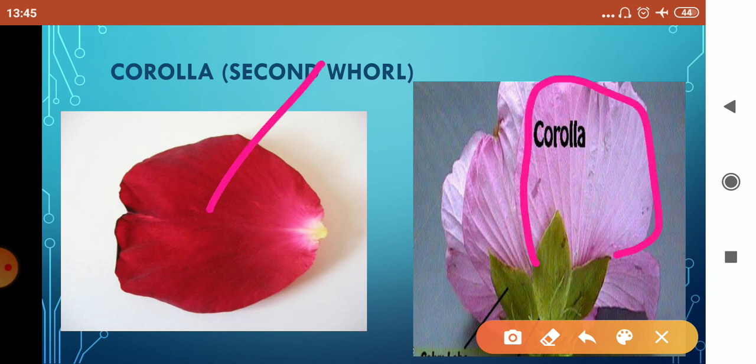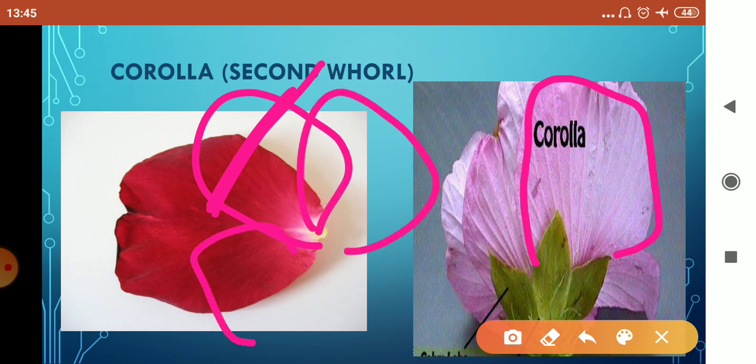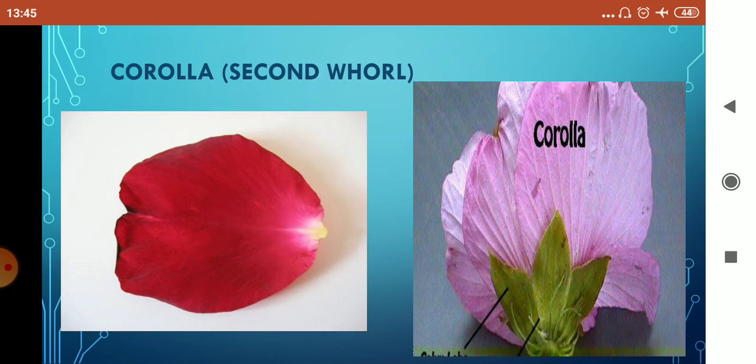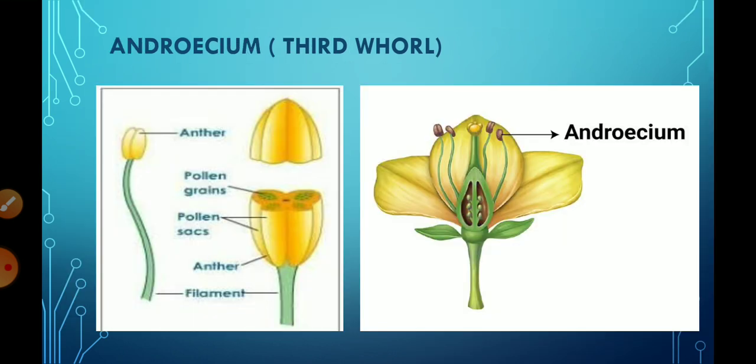Here I have shown you the rose petal. Collectively, if many petals combine then it is called a corolla. Because it is the colored part of the flower, it is responsible for attracting the insects for pollination.